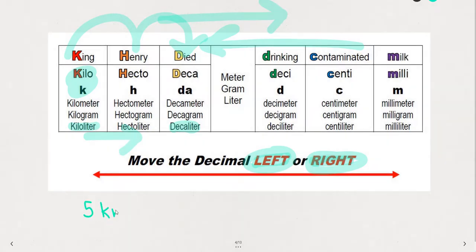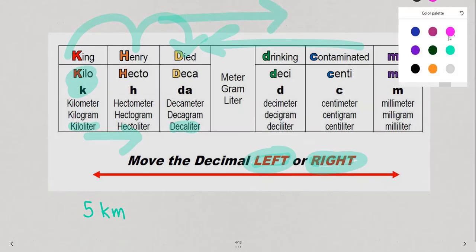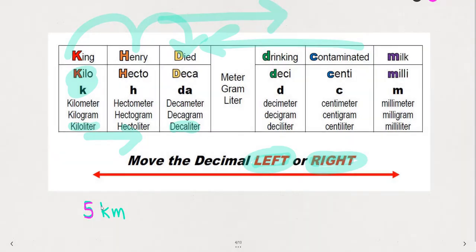5 kilometers. Let me switch to another color just to make sure that's visible on your screen. 5 kilometers is going to be, so what I'm thinking here is 2 to the right.